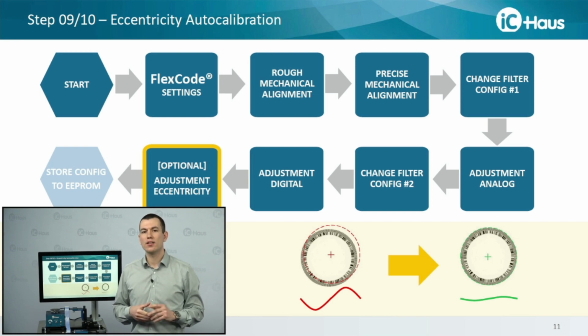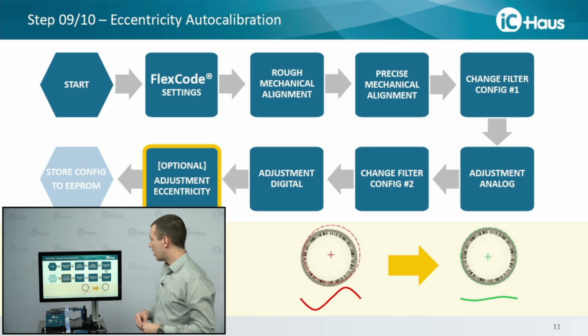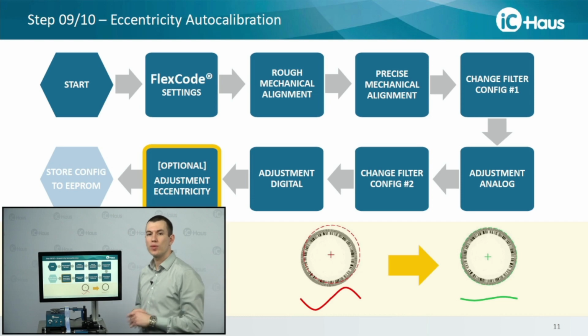And we can compensate up to 95% of that error inside the chip. And therefore, we do also have an auto calibration feature on board. I'd like to show how to execute this. And then we will store the configuration inside the chip, and we're done.